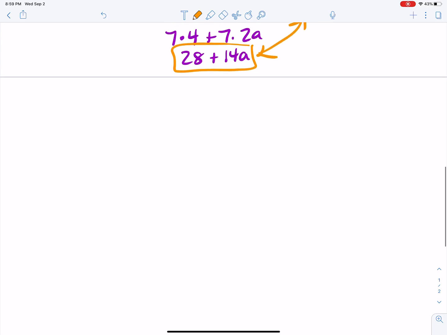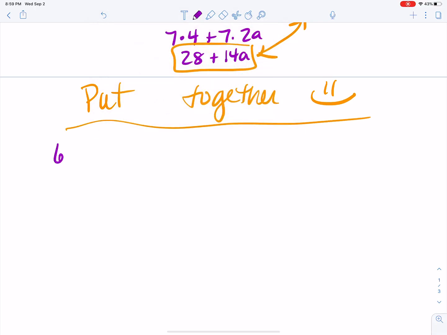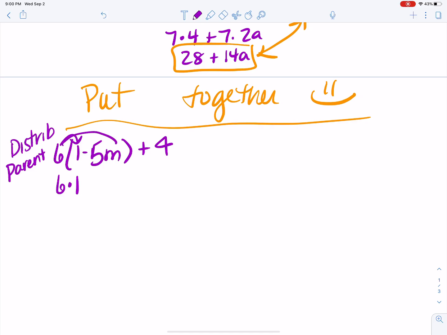All right, now we are put together. These are our advanced problems. These are what we're growing to. So I'm going to change the color just because I like to. 6 times 1 minus 5m plus 4. Start with distribute because we want to get rid of the parentheses. So 6 times 1 minus 6 times 5m.